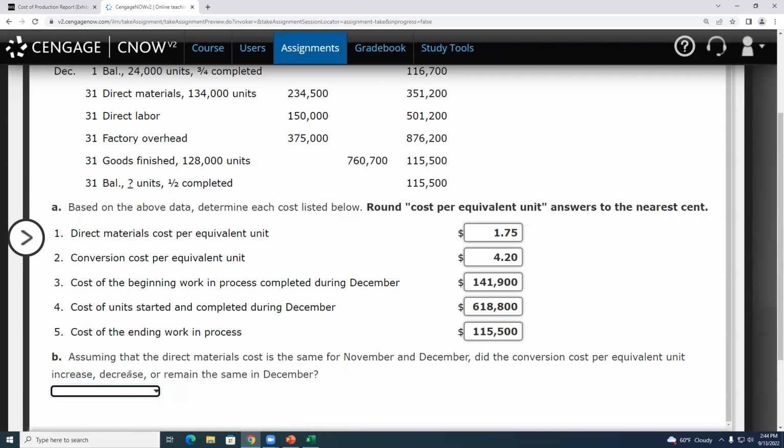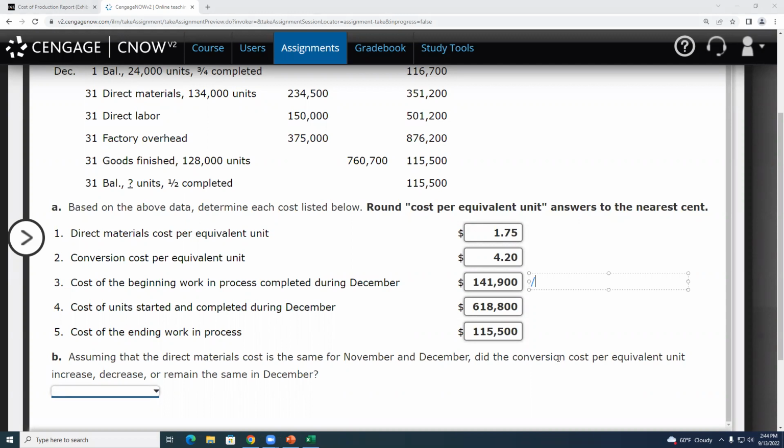Last question. Assuming that the direct materials cost is the same for November and December, did the conversion cost per equivalent unit increase, decrease, or remain the same in December? And so we have to do one more math step here. We know the cost of the beginning work in process here in number 3 is $141,900, and that was for 24,000 units.